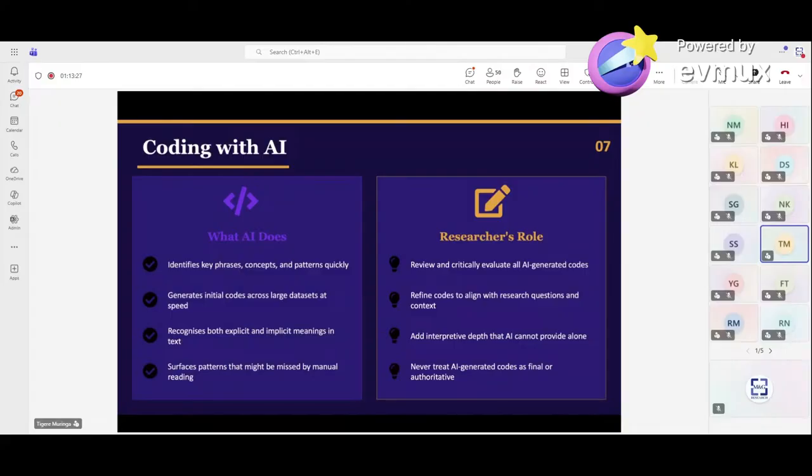never treat AI generated codes as final or authoritative. So if you look at it, if you're a qualitative researcher, we're saying in the age of AI, or when we bring in AI tools, your role has actually shifted, right? From wanting to play the role of a research assistant who is supposed to generate themes and codes, you are now the curator of the data, right, of the output that would otherwise have emerged.